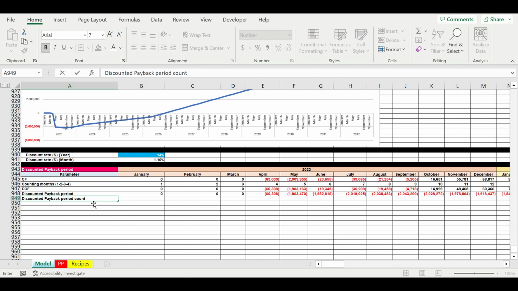The formula will be very easy. If this value is less than 0, we will put 1, otherwise 0. Now I'm extrapolating it.